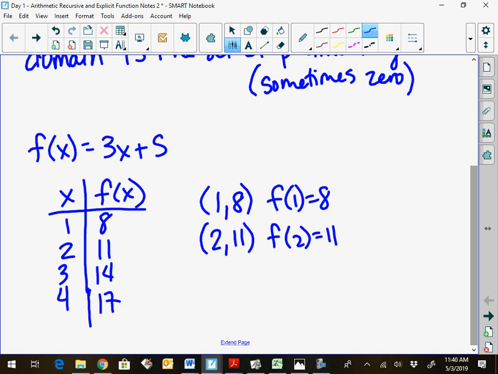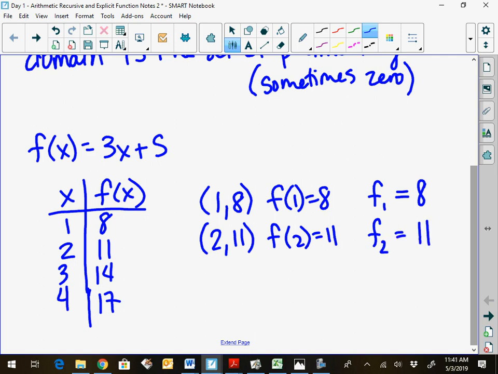Now, how we write this a little differently is we could use different notations. So sometimes we might use f sub 1. So the first term, when we plugged it into this function f, gave us 8. Or f sub 2 gave us 11.